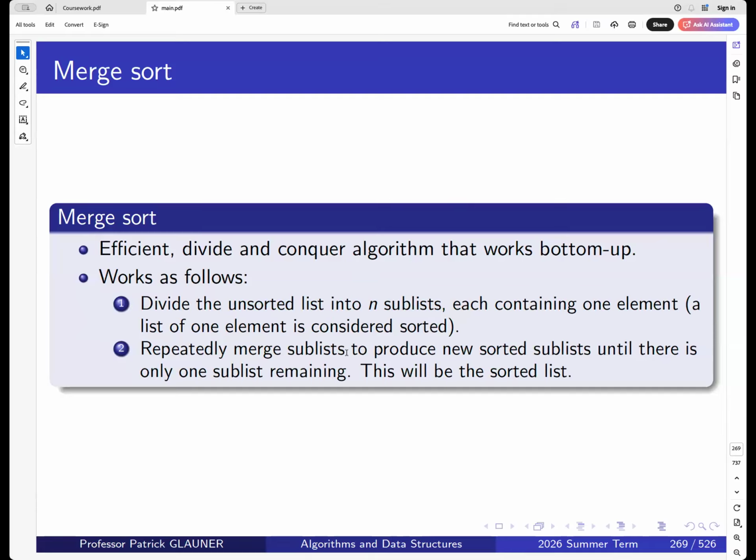So I take, for example, 2 entries that are next to each other, and I merge them into a list of 2 entries, but that merged list is sorted. Then I take the next 2 entries and merge them together, and the next 2, and later I take these small lists of 2 entries and I merge them, so 2 and 2 into 4.